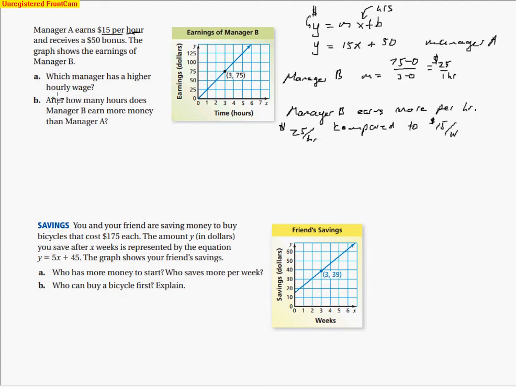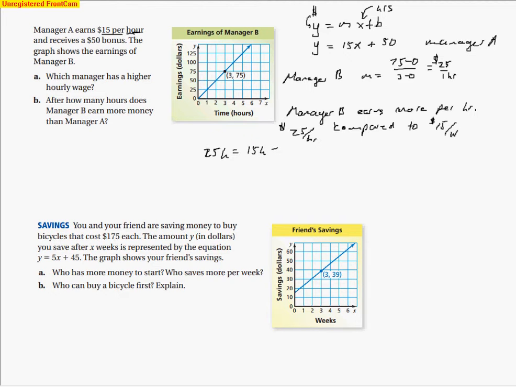It says, after how many hours does manager B earn more money? Well, let's go ahead and find out when they earn the same, and then we can find out when, after how many hours they earn more. So let's take the manager B, the $25 per hour, and set it equal to manager A's wage, $15 per hour.